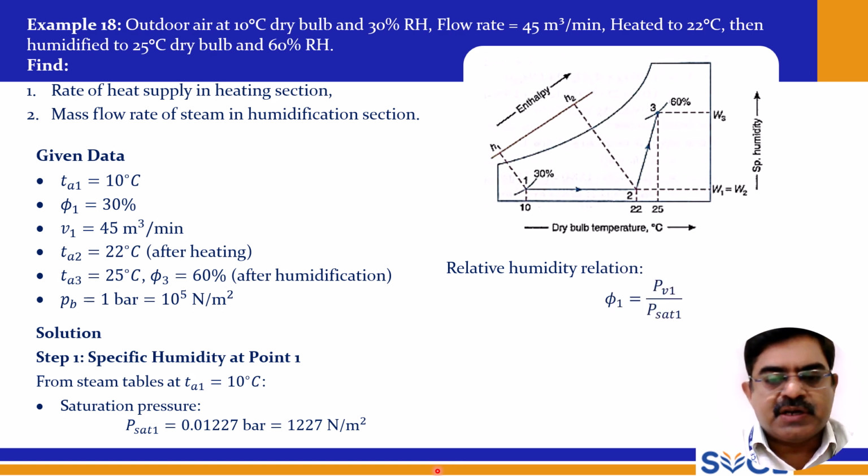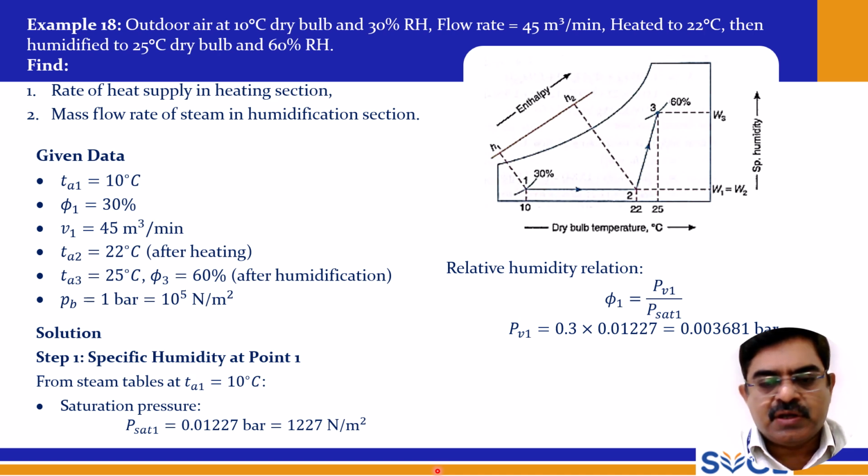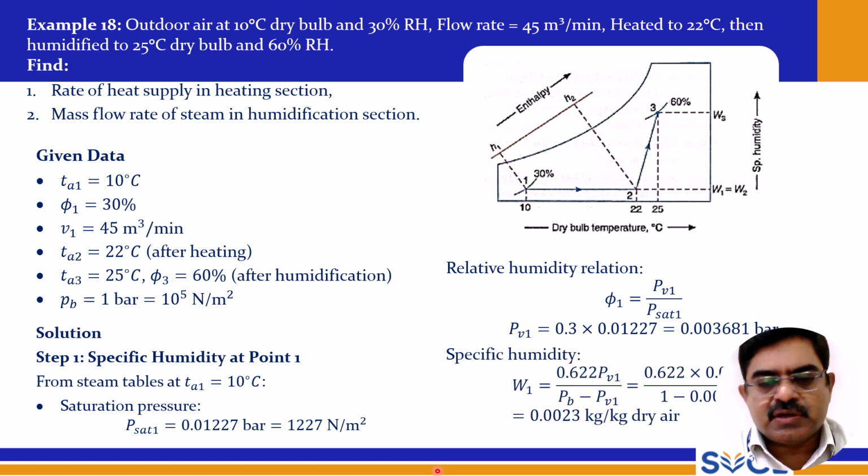So relative humidity relation phi1 equal to Pv1 divided by Psat1. So we can find Pv1 equal to 0.003681, and substituting all these values, we can find the specific humidity is 0.0023 kg per kg of dry air.